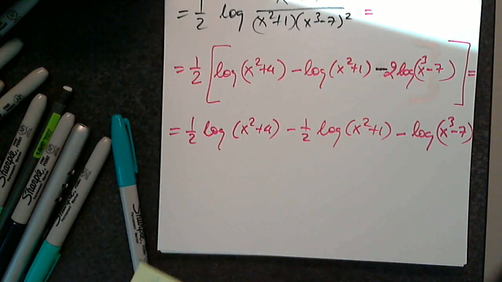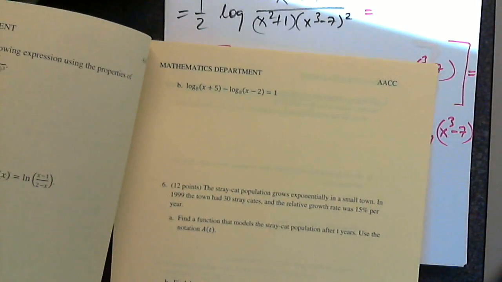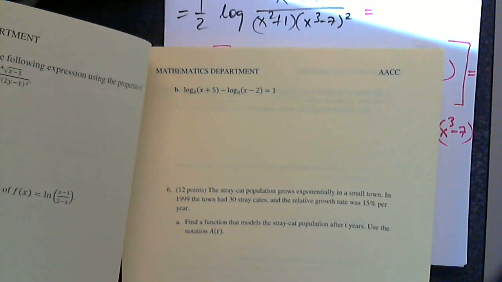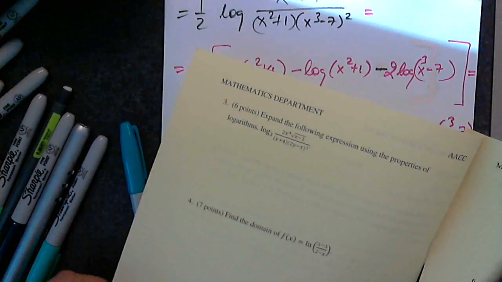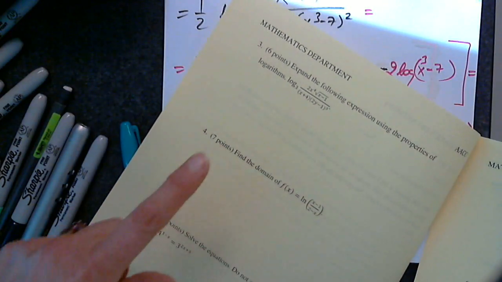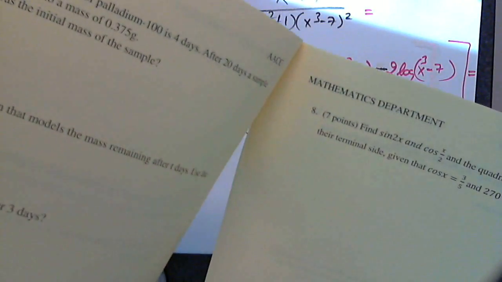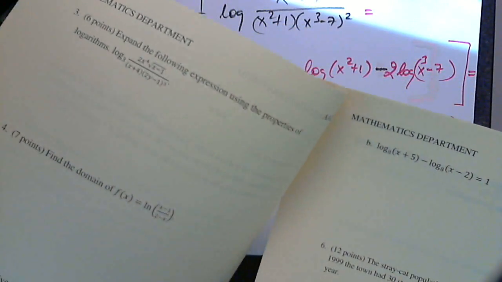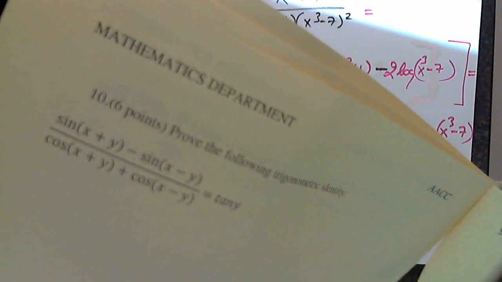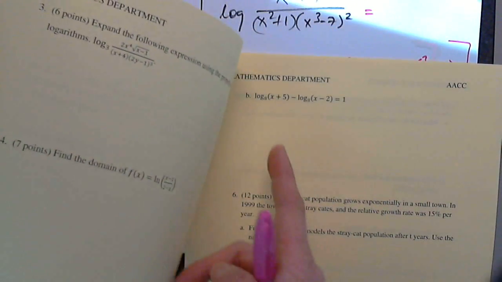There must be one in here as well in the test. So there is an expanding right here. I did not put a condensing per se because it's in a log equation already. But let's do one.